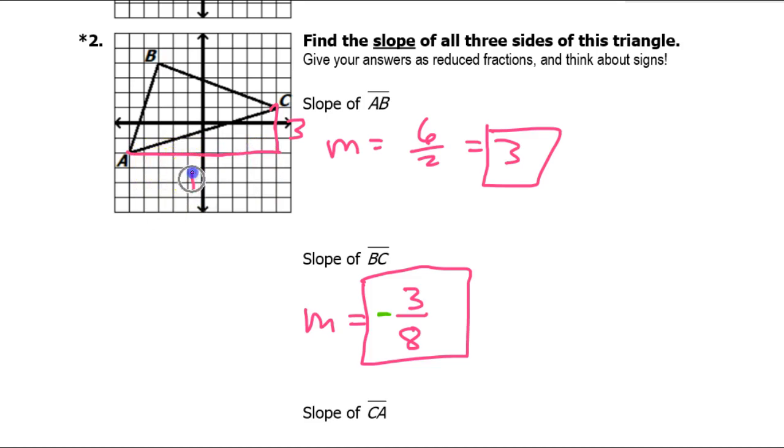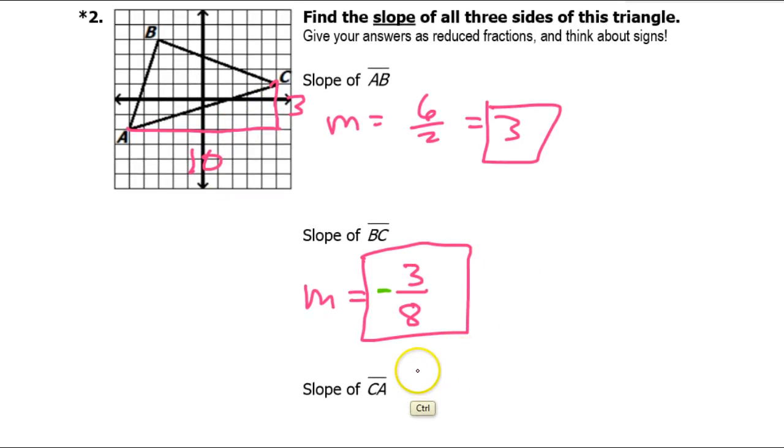Yeah. Horizontal portion is 10. Okay, so rise over run. That's going to be vertical over horizontal, 3 over 10. But wait a minute, should this be negative or is it positive? It's positive because we're rising from left to right.